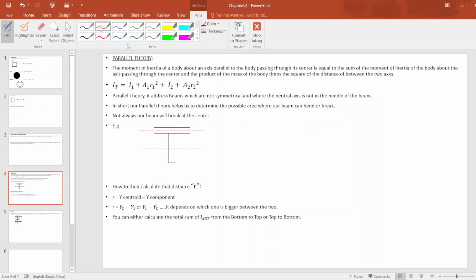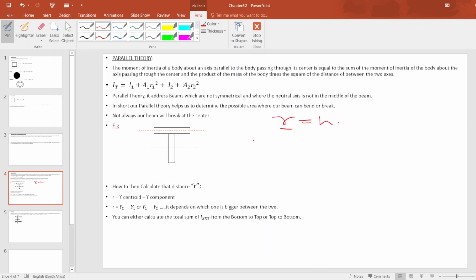I call it distance r, this distance. Now in your books, more especially the blue textbook, they use h. Distance h or distance r, it doesn't matter. I prefer using distance r. I think we get distance r from the orange textbook. It makes my life easy when I work with distance r instead of h, because h symbolizes height.